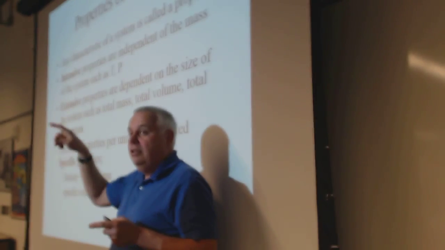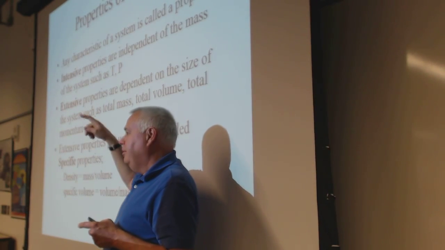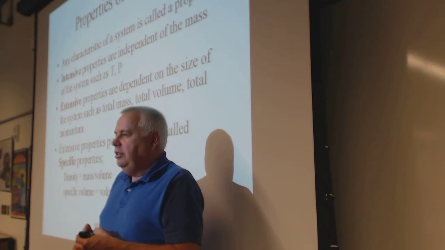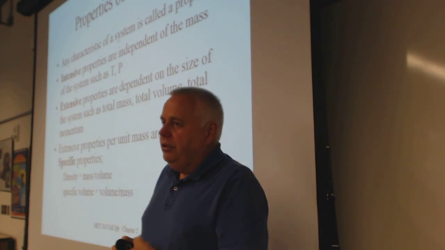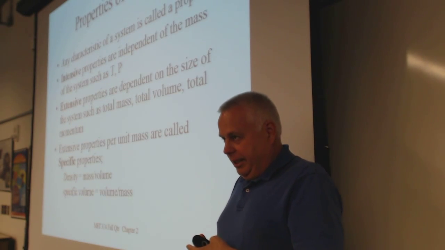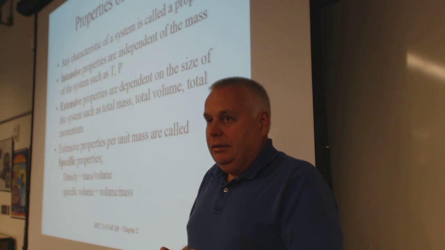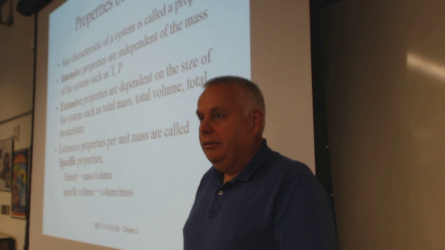You can look at things on a per unit mass basis, and then find an answer, and then scale it up. If the question was, how much fluid has to run through a system in order to make a 10 gigawatt steam generator?